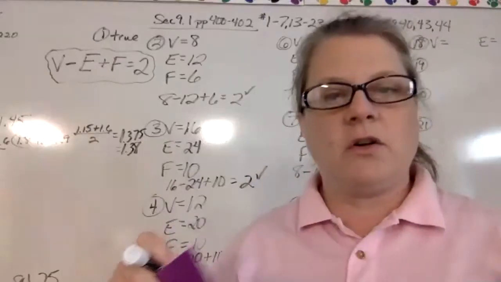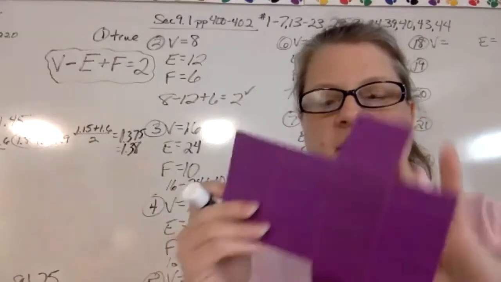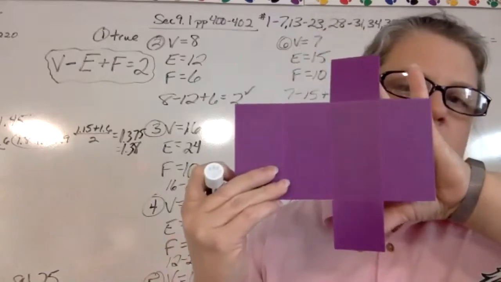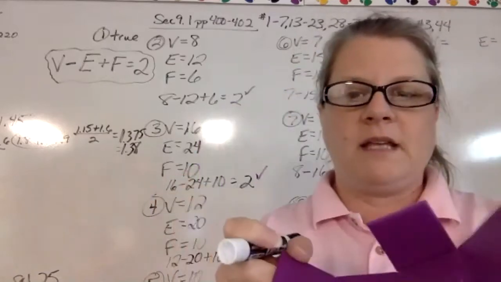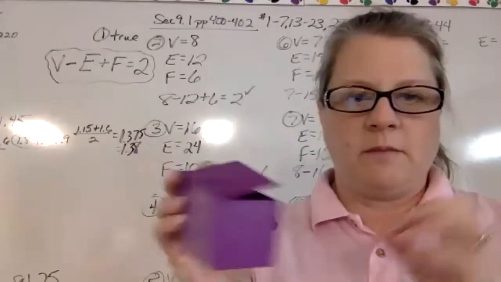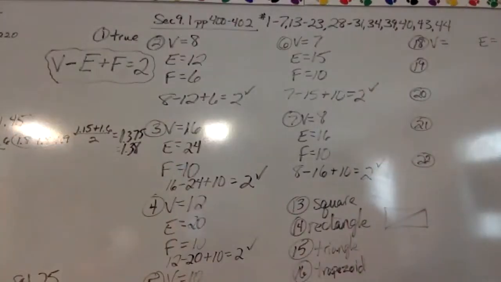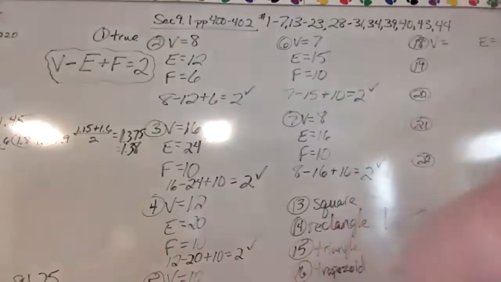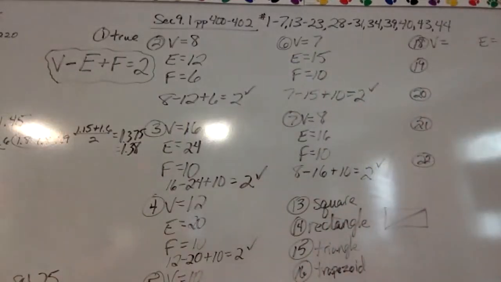If you had done your notes, this is the net for a square prism. It shows what pieces fold together to make the square prism, the box. So it gives you the net there in your book with the different dimensions, and that's what we're going to be using to solve the rest of these.